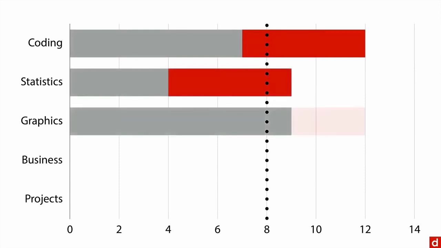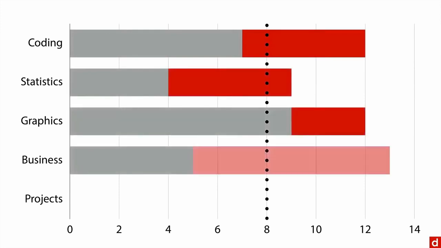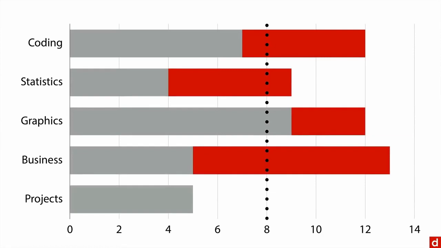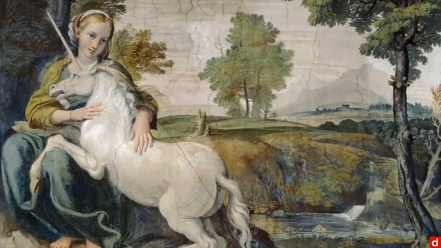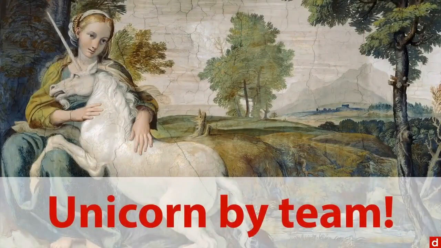Statistics is past 8. Graphics is way past. Business, way past. And then the projects, there too. And so when we combine their skills, we are able to get the level that we need for everything. Or to put it another way, we have now created a unicorn by team. And that makes it possible to do the data science project.